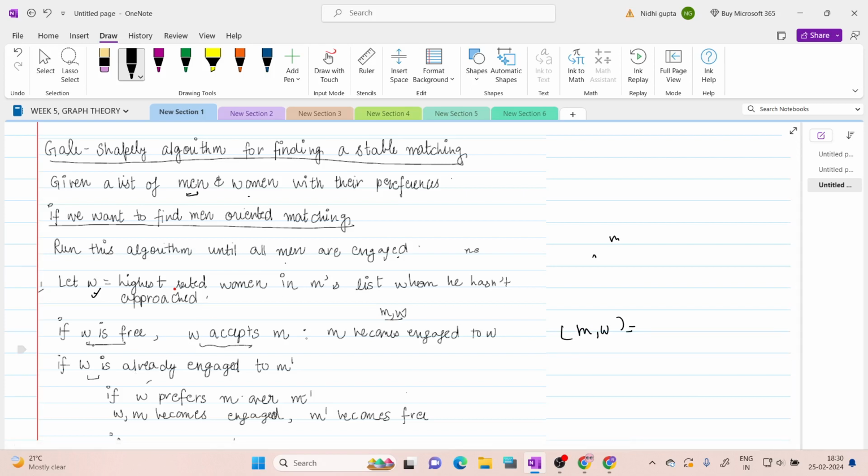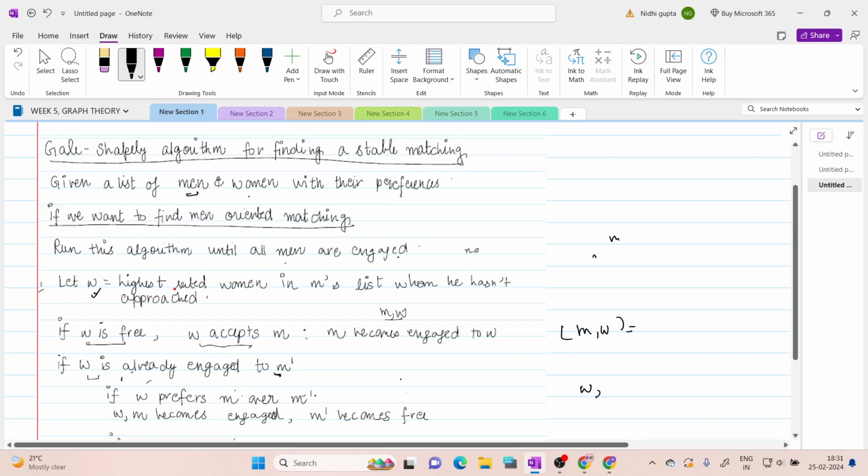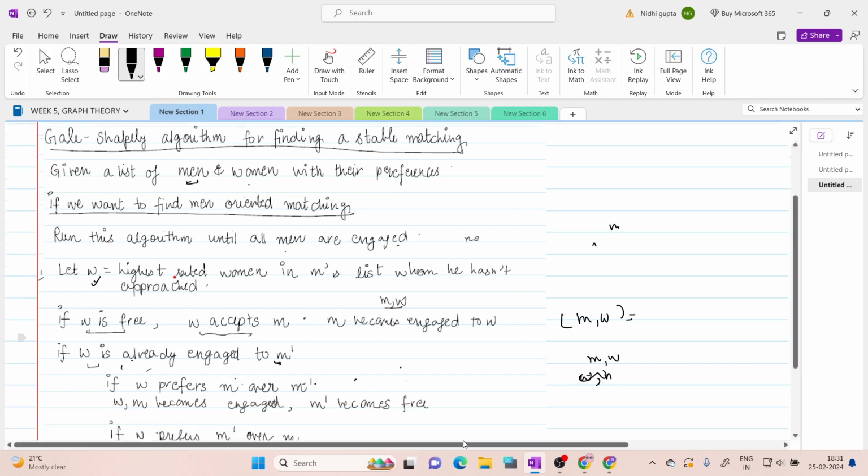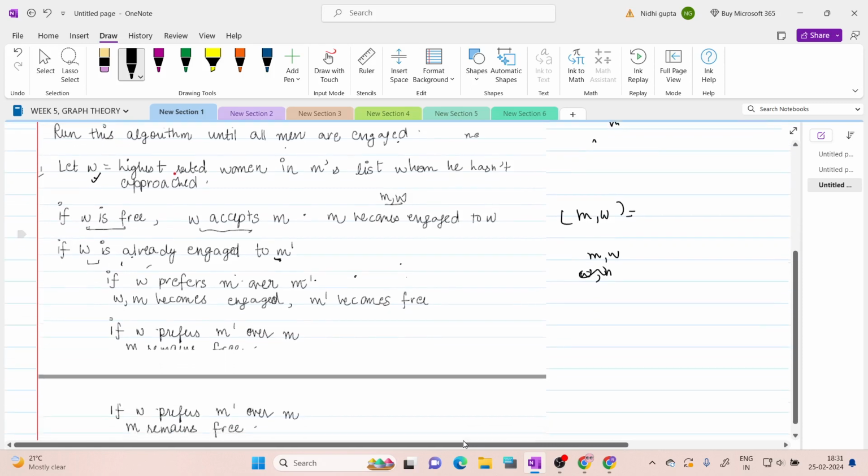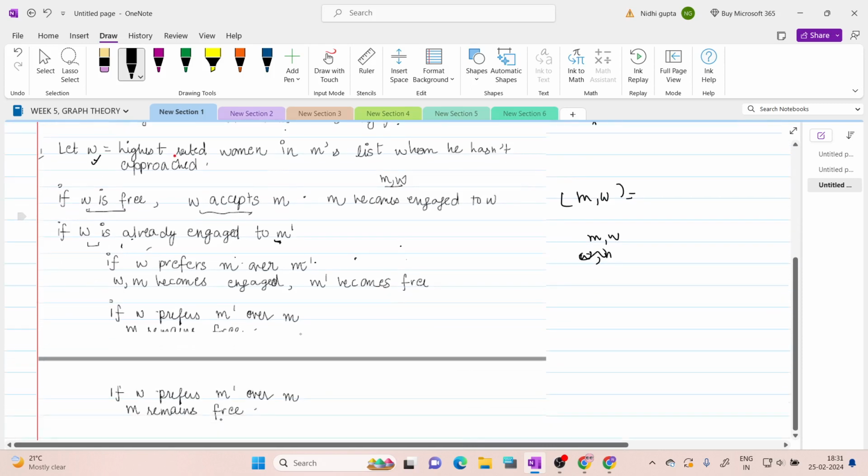But if w is already engaged to m prime, then we look at the preferences of w. If w prefers m over m prime, then m and w will get engaged and m prime will be free. But if w prefers m prime over m, then m remains free and we look at the next woman.